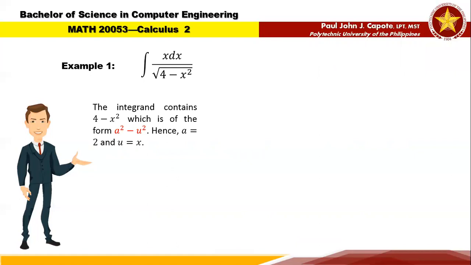By examination, we observe that the integrand contains the expression 4 minus x squared, which is of the form a squared minus u squared. Hence, we let a equals 2, the positive square root of 4, and we let u equals x.